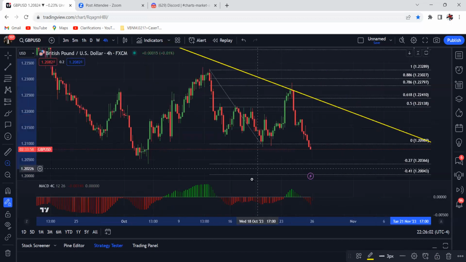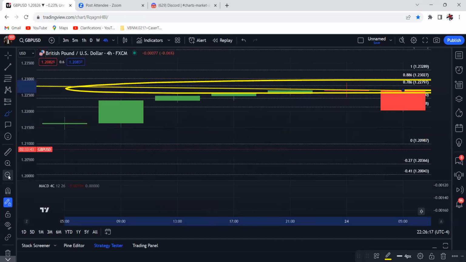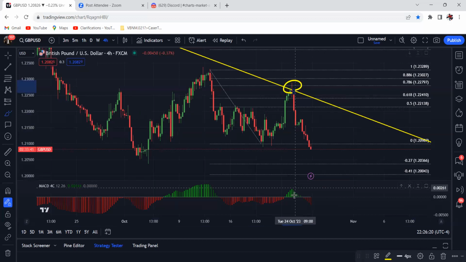So now I got multiple confirmations. Got my trend line. We're in an overall downtrend. I got Fibonacci tool. We've retraced to the 78.6. Perfect. I got a retest. I got a retest on my MACD. Perfect. So I got one.